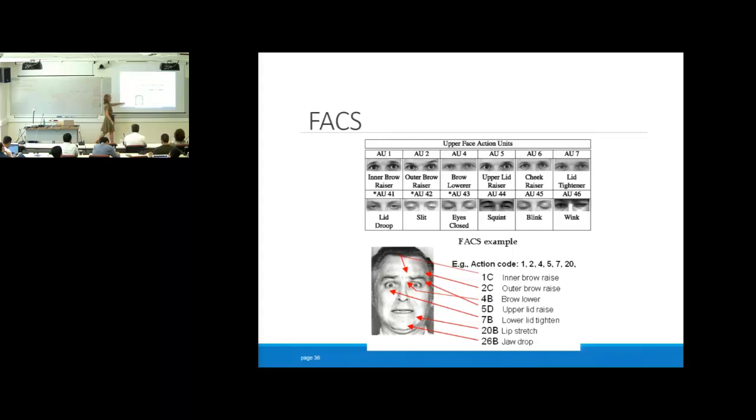You can do it separately or in combination, and you have raised eyebrows. So you would describe an expression as a combination of the different actions. For example, frowning is the corrugator going down, and a smile would be AU12, and things like that. So you can describe it.